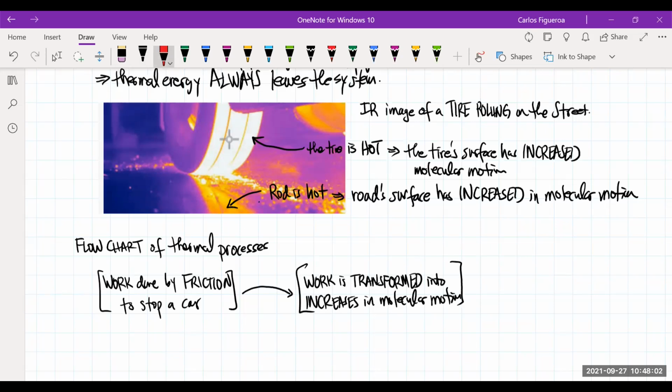In other words, what we're saying is that work cannot disappear.